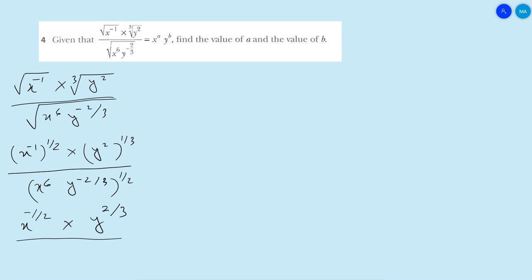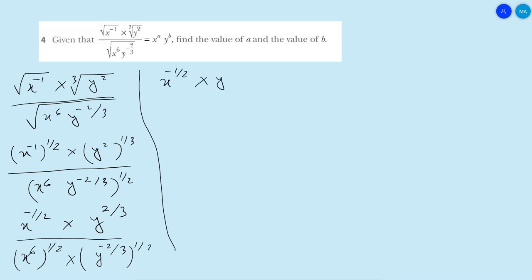Upon, apply this 1 upon 2 on each and every number: x6 1 upon 2 into y minus 2 upon 3 into 1 upon 2. x minus 1 upon 2 into y 2 upon 3 upon x.